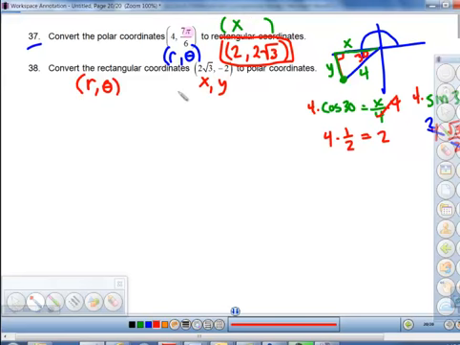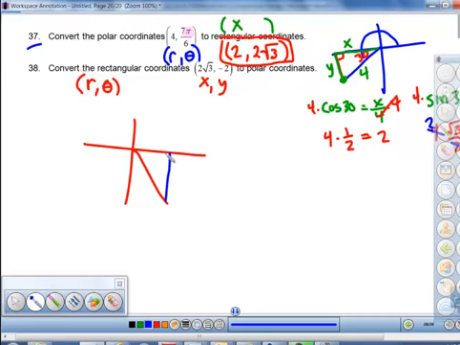In order to get the r and the theta, let's get an idea of where this point is. Its x value is 2 radical 3, and the y value is down 2, so it's over here in the 4th quadrant. If I draw the triangle and drop down the line to make a 90 degree angle, this is 2 radical 3, and this distance right here is negative 2.